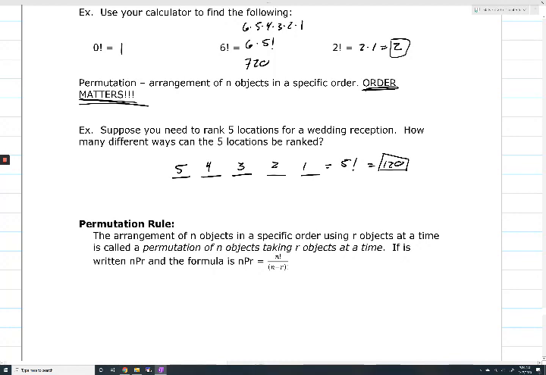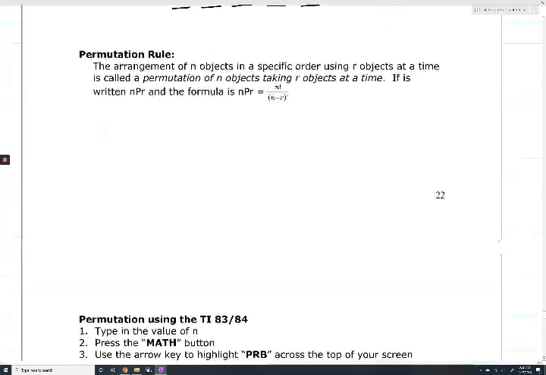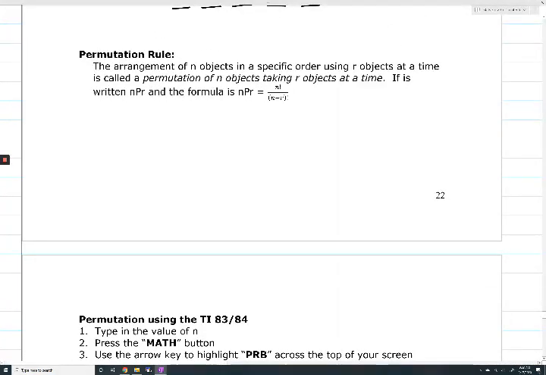So, in that case, if you're ranking all of the things that you have, it becomes a factorial. So I had 5 locations. I'm ranking all 5, so it's 5 factorial. If you have 5 things and you're only ranking 3 of them, then it becomes a permutation.